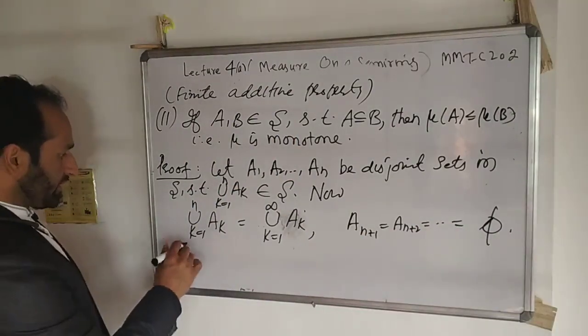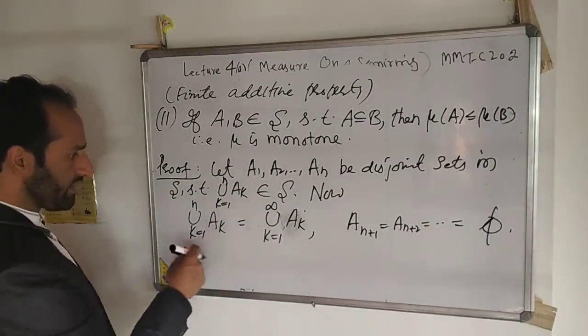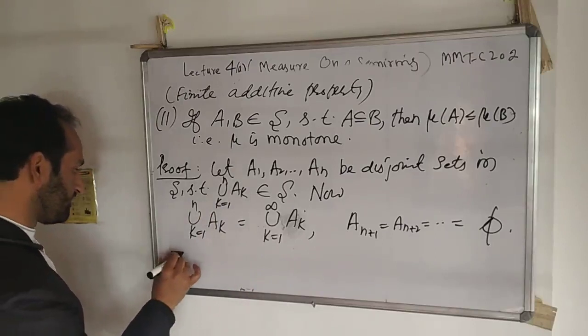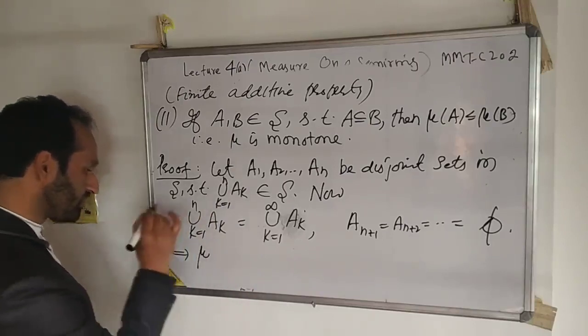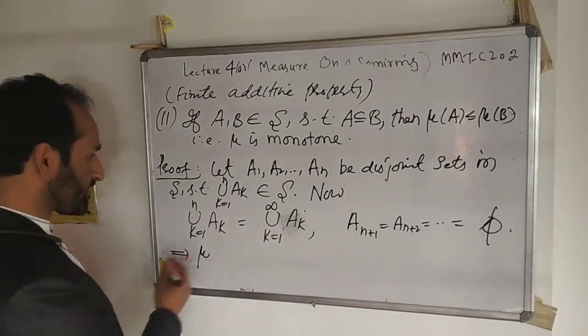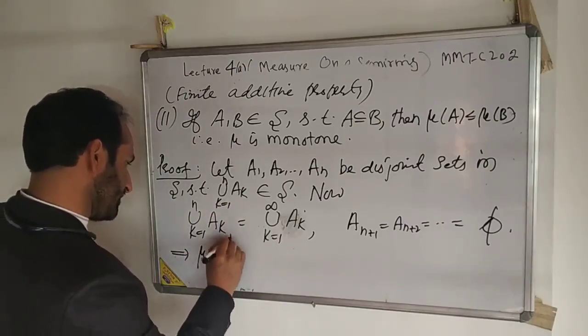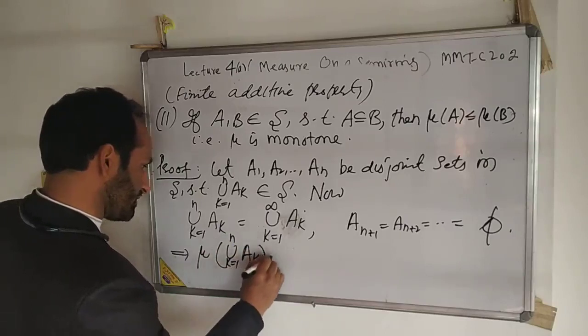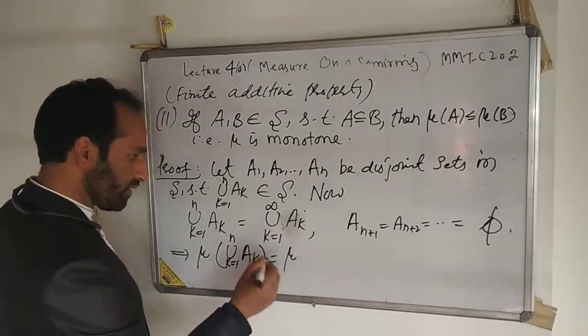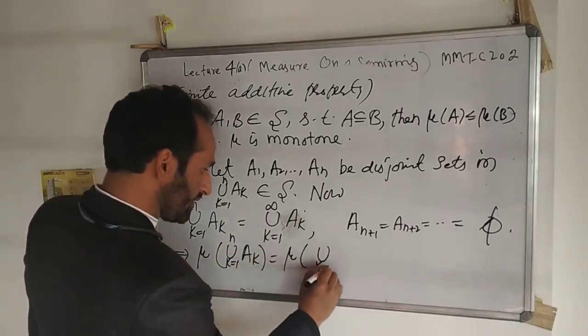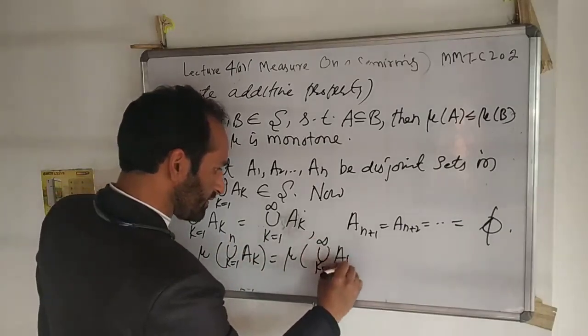And both are members of S, and mu is a set function. It means that their mu values must be same because mu is a function. So mu of the union k runs from 1 to n, A_k, is the same as mu of the union k runs from 1 to infinity, A_k.